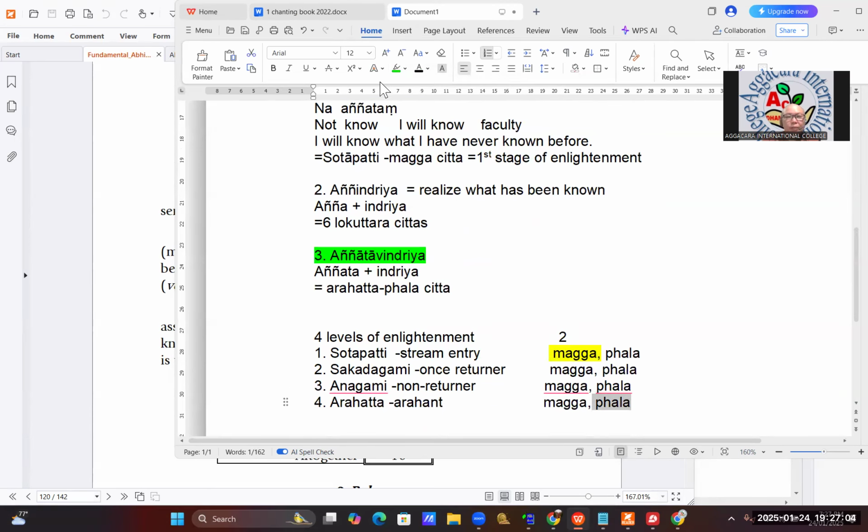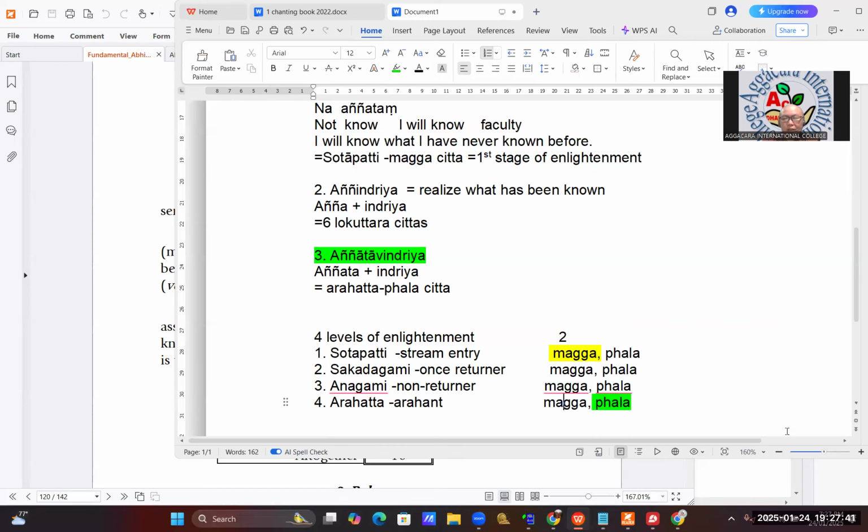When we say somebody becomes Arahant, it means he has reached the Arahata Phala. Magga is the path, Phala is the fruition. During enlightenment, the Magga Chitta will arise, and subsequently, very fast, the Phala Chitta will arise. So when somebody becomes Arahant, like the Buddha and Sariputta, we say the person has reached the Arahata Phala.